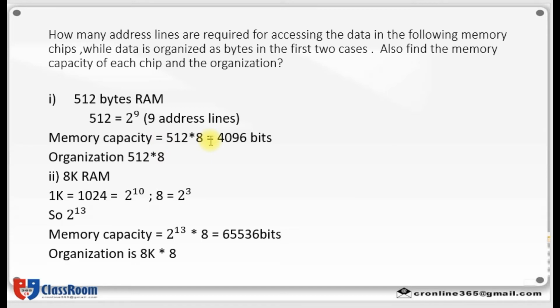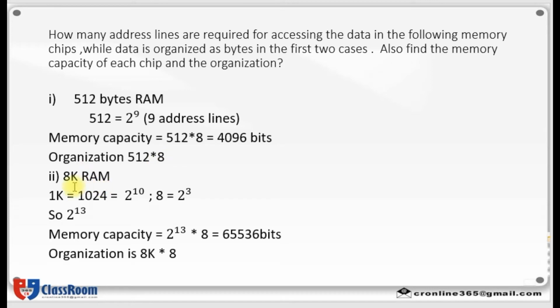Since 8051 is of 8 bit, there are 8 data lines. So, memory capacity can be expressed as 2 raised to 9 into 8 or 512 into 8, which is equal to 4096 bits. Organization is 512 into 8.